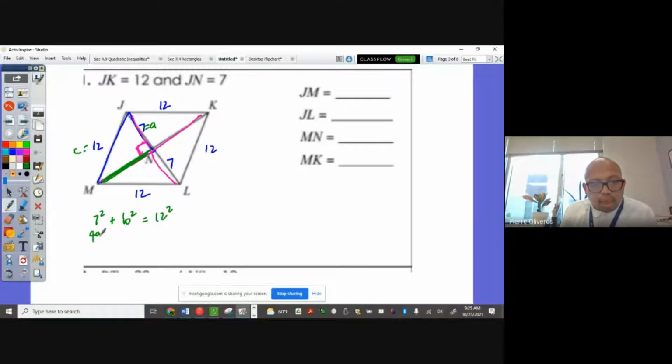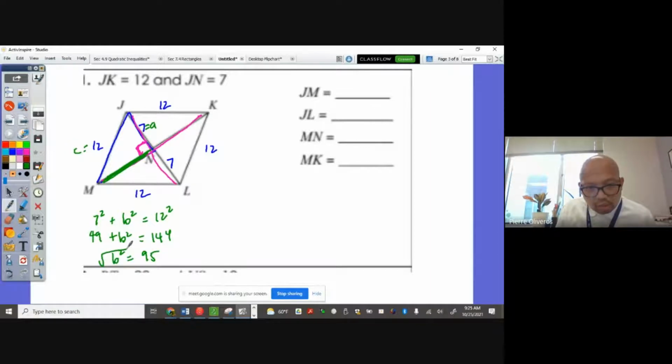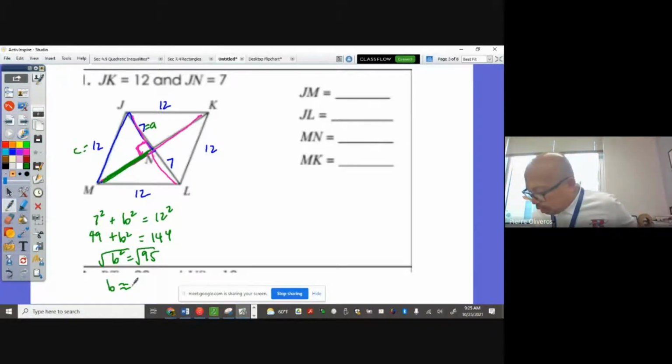This will be 49. This will be B squared equals 144. Subtract 144 by 49 will be 95. The square root of 95 is approximately 9.74.